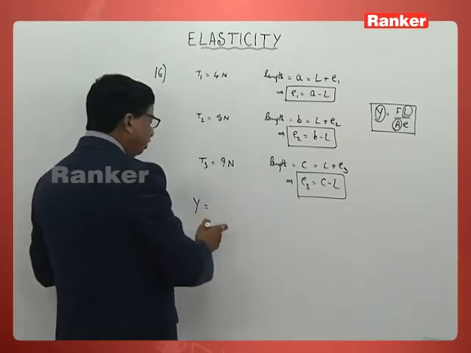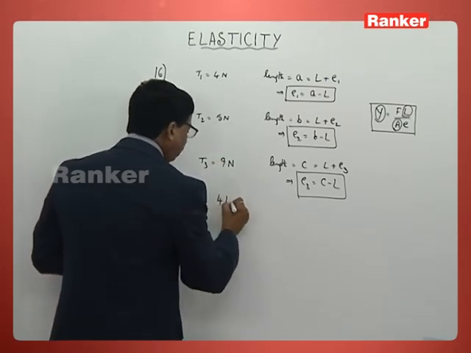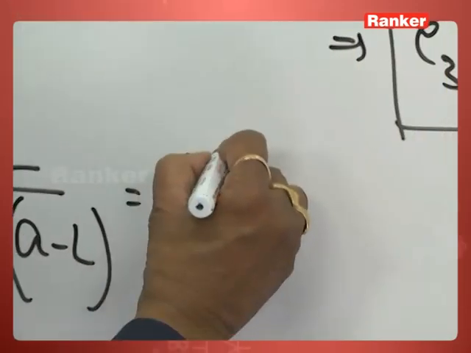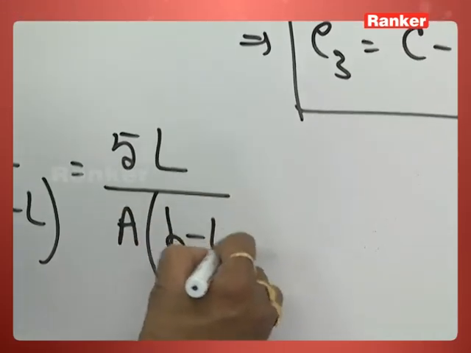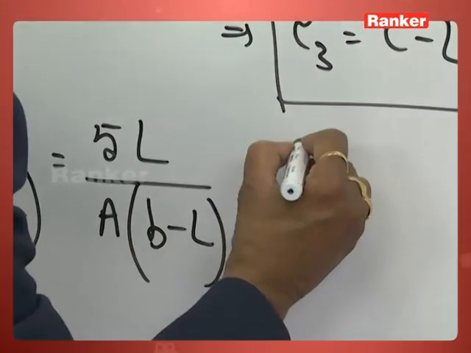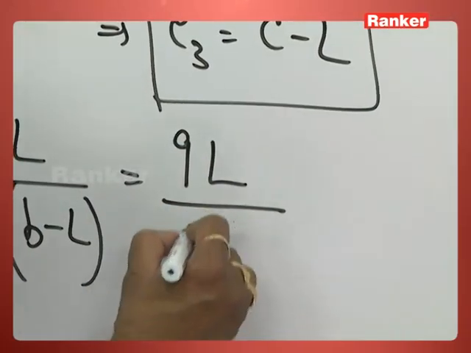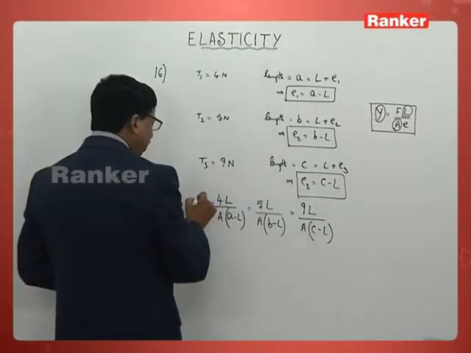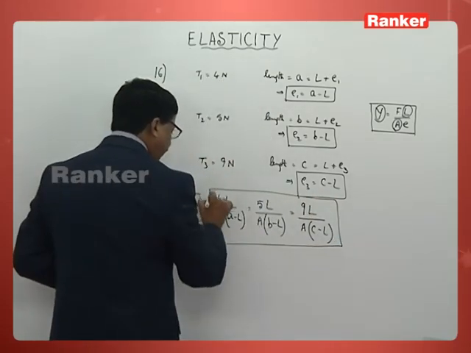Y is equal to F, that is T1, 4 times L by A into E1, that is A minus L, equal to 5 L by A into B minus L, equal to 9 into L by A into C minus L. Since Young's modulus is constant, you can equate these three.